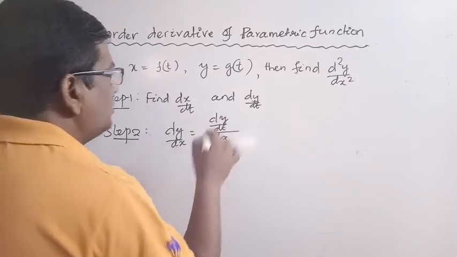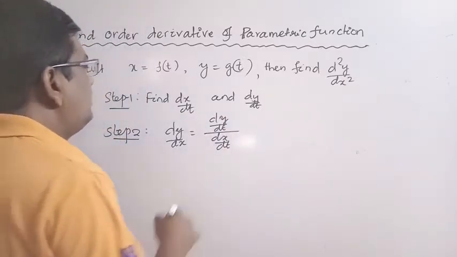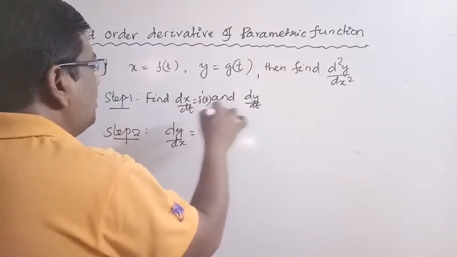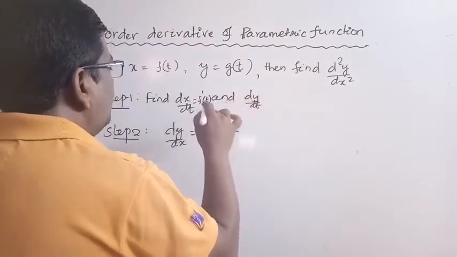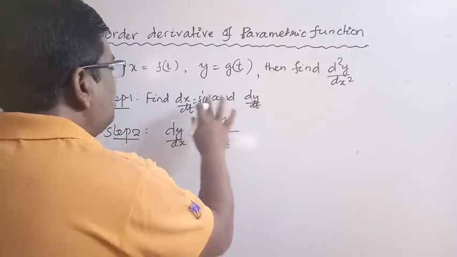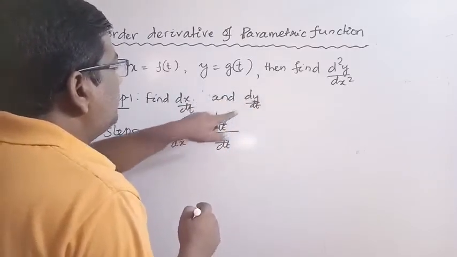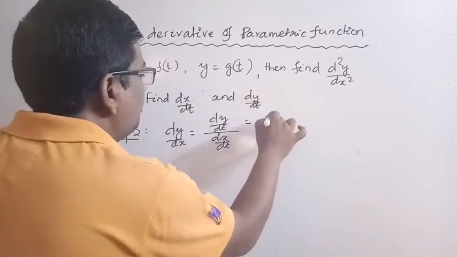So what is here? That is dx by dt means f dash t here, and this is dy by dt here. What is dy by dt? g dash t.